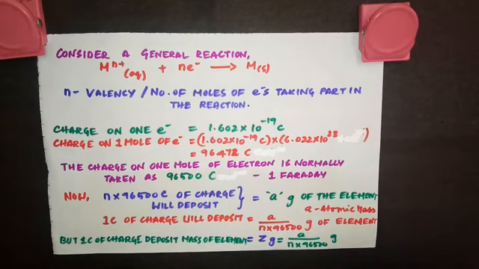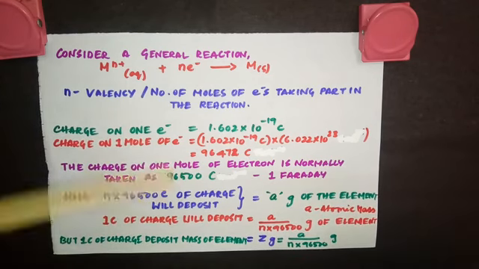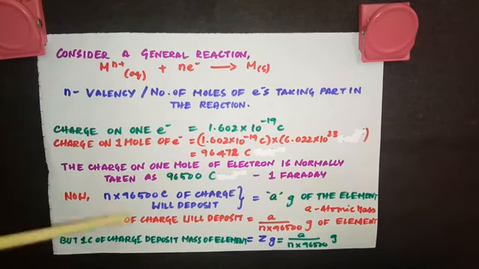Since we are talking about the relationship between quantity of charge passed and the amount of substance deposited, you have to understand this. That is, n into 96,500 coulomb of charge will deposit A gram of the element. Here we are taking A as the atomic mass. Here n is the number of electrons.